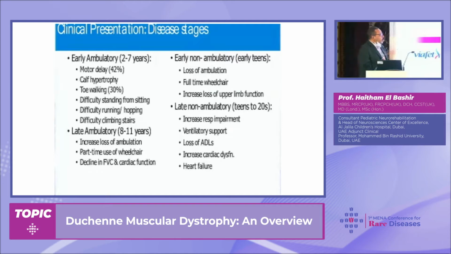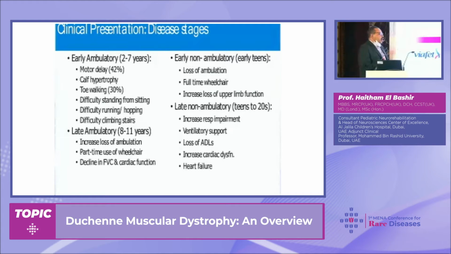Now, following the early ambulatory stage, which happens in the first 7 years of life, comes the late ambulatory stage. It's really important when you see those children in the clinic to classify where they're at. The late ambulatory stage happens around 11 plus or minus 1 year. There is increased loss of ambulation, and sometimes it can be quite sudden. They start to sit in the wheelchair more and more.